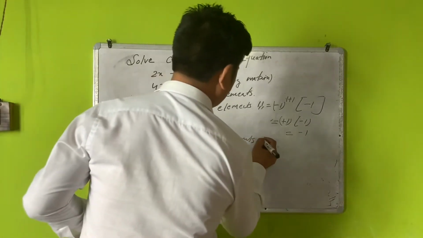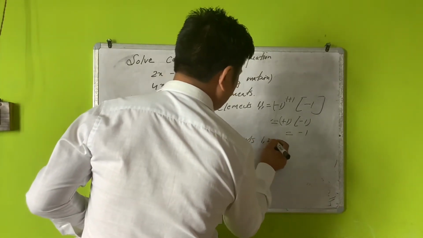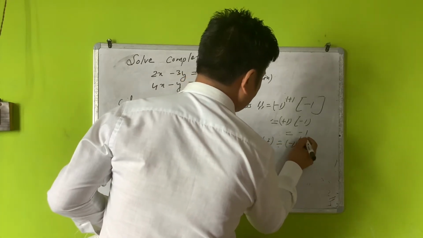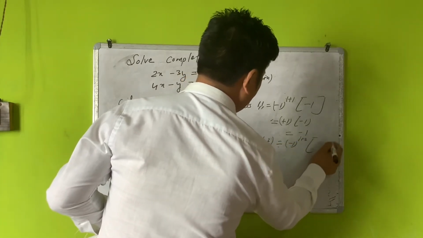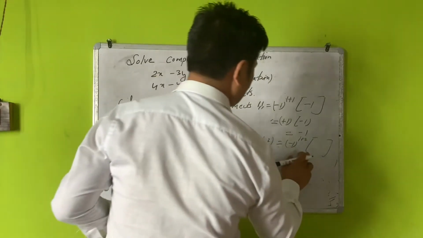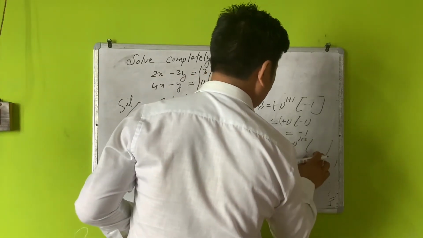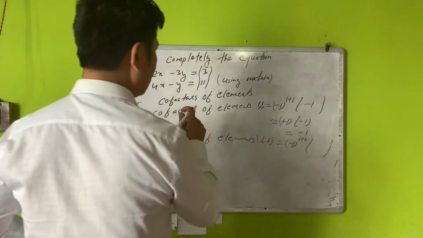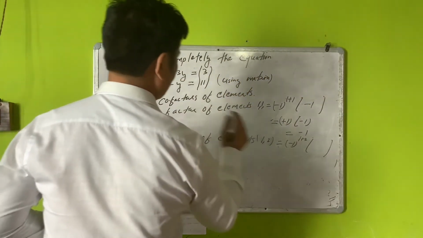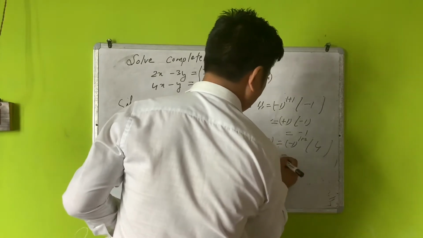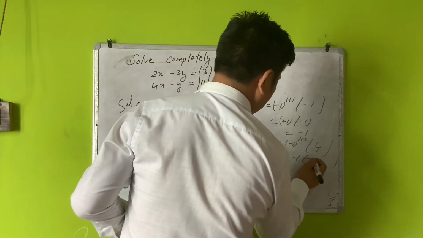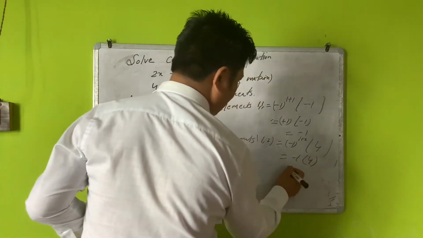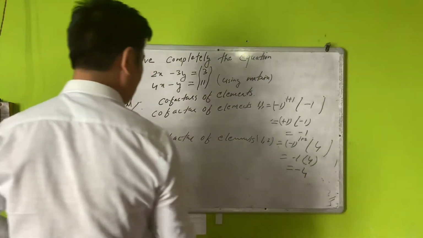The cofactor of element 1 2 is equal to (-1) to the power 1 plus 2. The minor is 4, so it will be -1 into 4, which is -4, right?